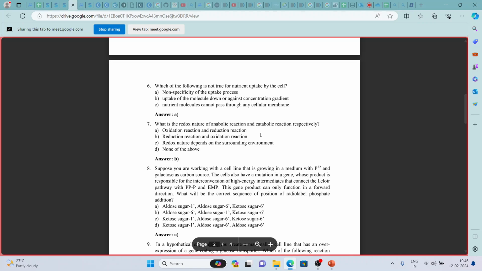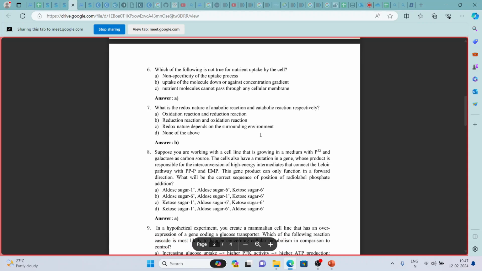Question 6. Which of the following is not true for nutrient uptake by the cell? Option A. Non-specificity of the uptake process. Option B. Uptake of the molecule down or against the concentration gradient. Option C. Nutrient molecules cannot pass through any cellular membrane. To answer this, think about when a cell takes up a nutrient.